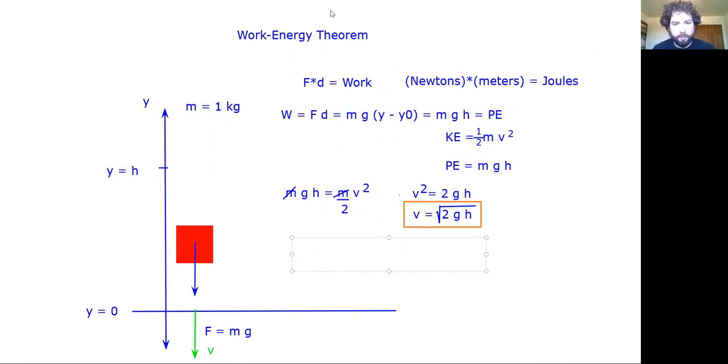Initial there, so that's our initial kinetic energy.